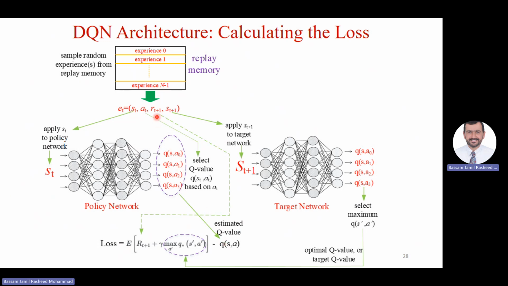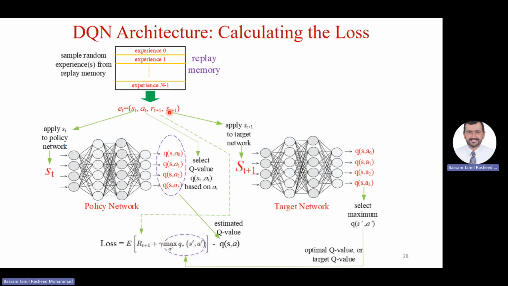And then the experience itself will tell me the reward. So I will take the reward here and plug it in the loss equation. Then what about the maximum of all action values of the next state?